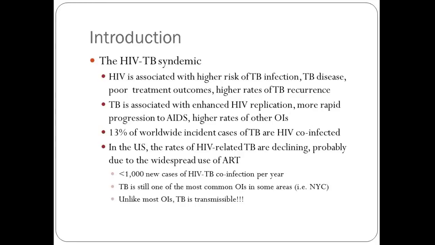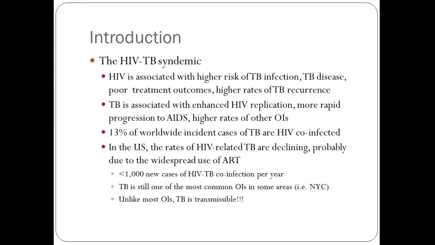Now, 13% of worldwide incident cases of tuberculosis are HIV co-infected. So it's not that uncommon. Here in the US, we don't have many cases of HIV and tuberculosis co-infection, but if you take the whole HIV burden in the world and TB cases, 13% will have this co-infection. There is some national data over here.